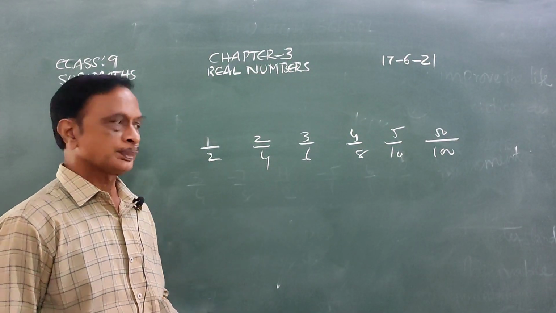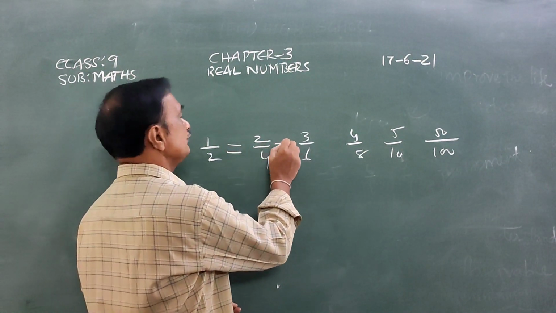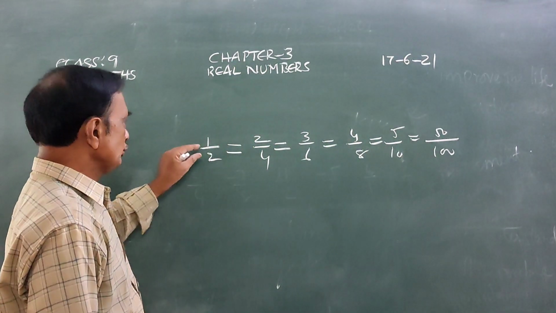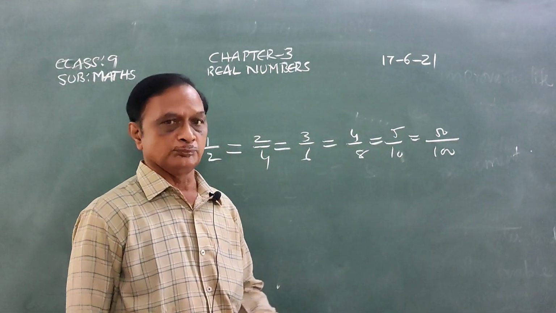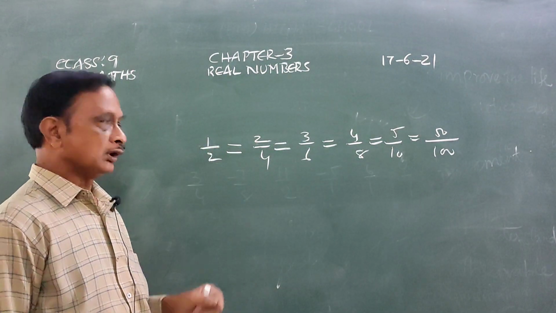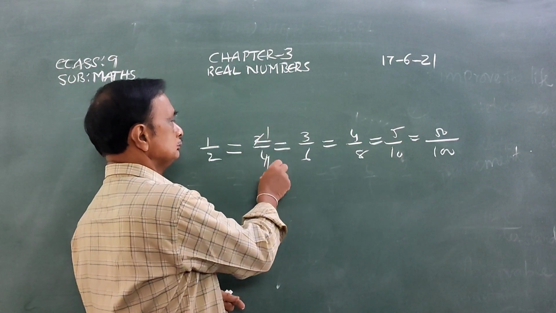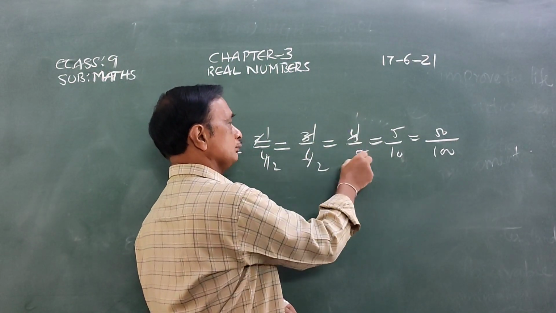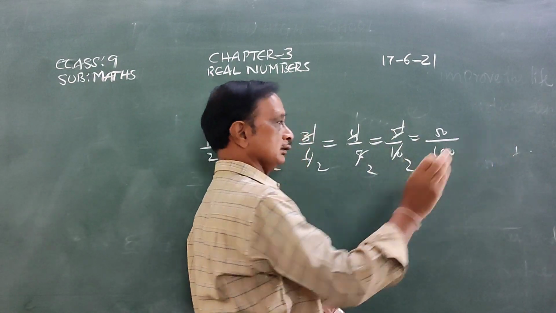Maybe fractions. They are equivalent fractions because the value of all these fractions is the same. 1 by 2. 2 by 4 means what? 1 by 2 only. 3 by 6, 1 by 2, 1 by 2, 1 by 2 and so on.